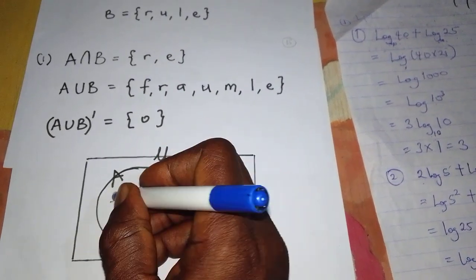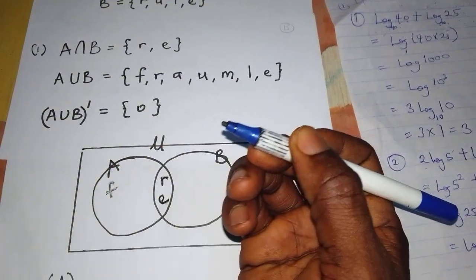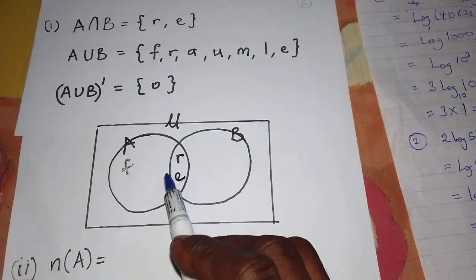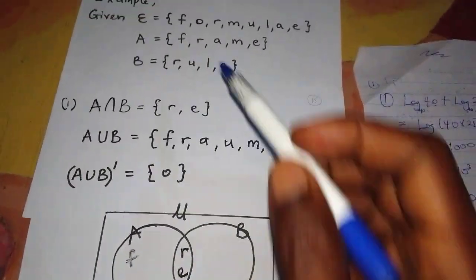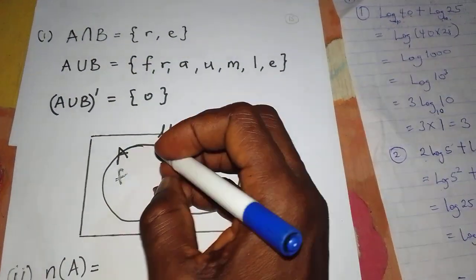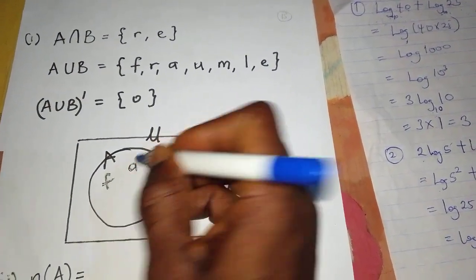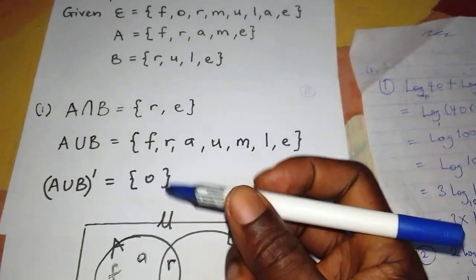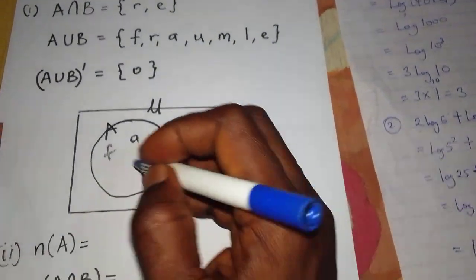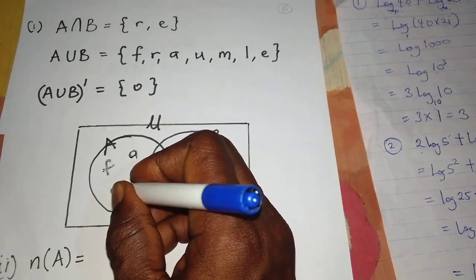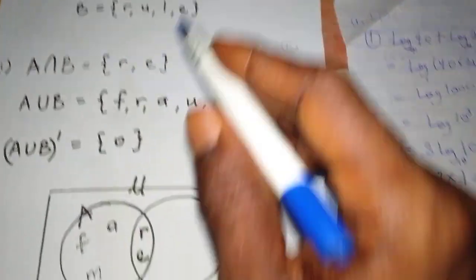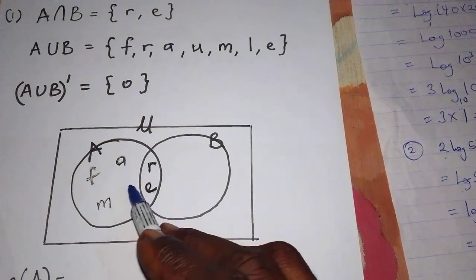Then you have R. You see that R is already in the circle. Then we have letter A, so you write letter A. Then you have letter M, write letter M. Then you have letter E. You realize that letter E is already in the circle.